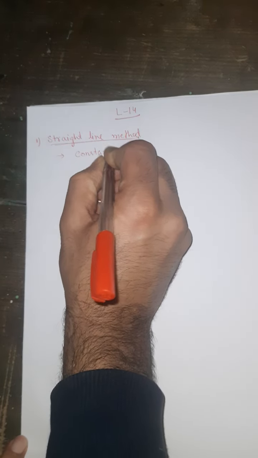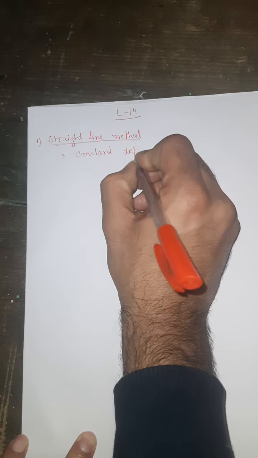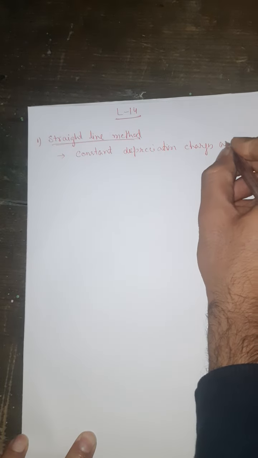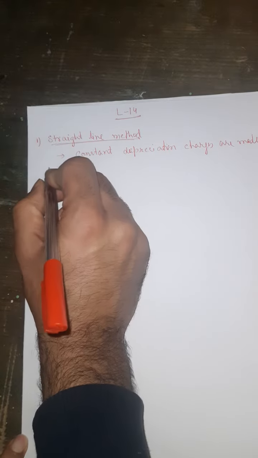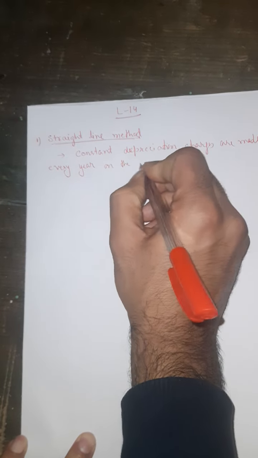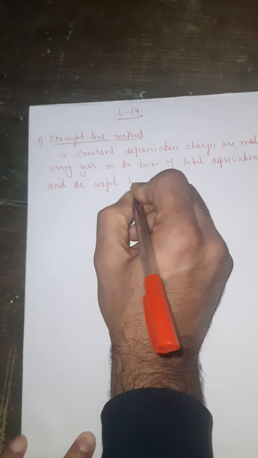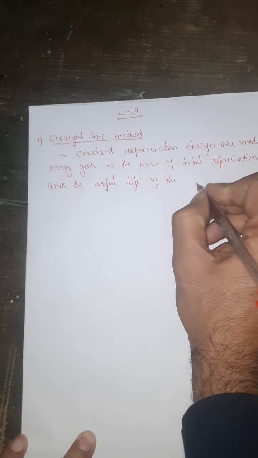Let me write it down. Constant depreciation charges are made every year on the basis of total depreciation and the useful life of the property or plant.